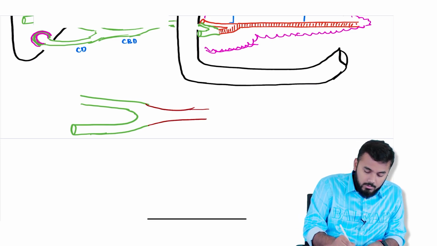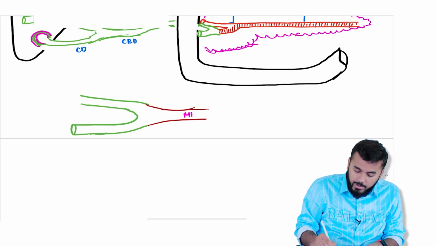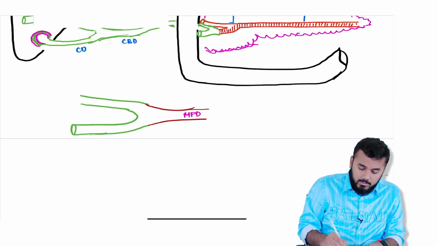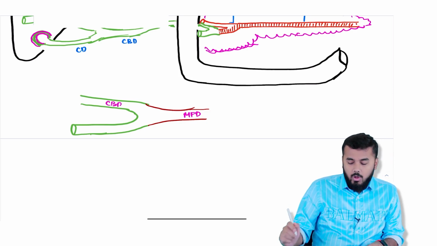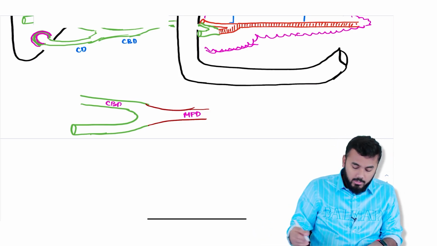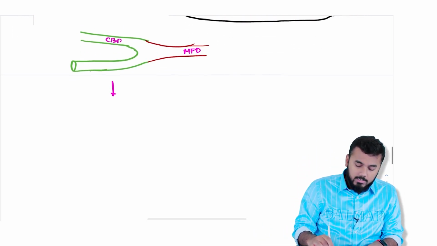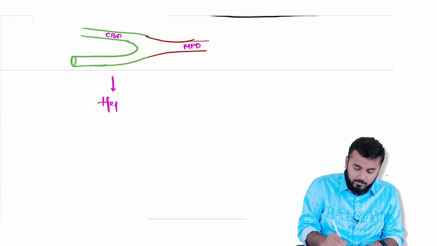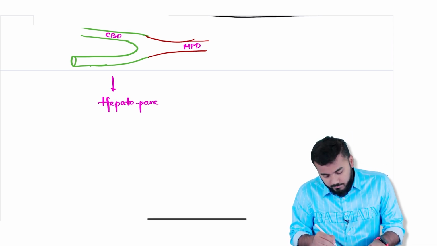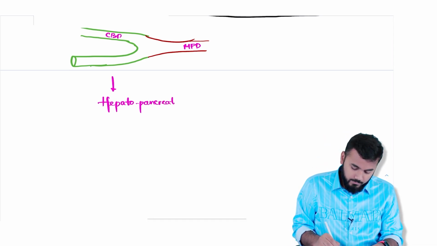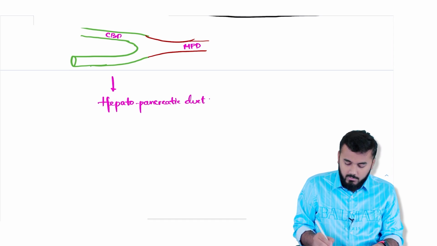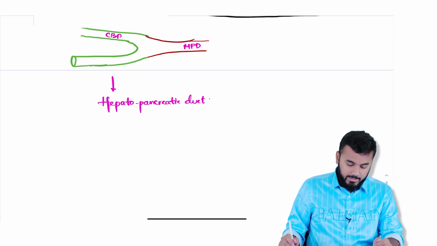Look here, this is your main pancreatic duct. This is your common bile duct. Now the common bile duct and the main pancreatic duct join together to form this duct. This duct is called the hepatopancreatic duct.